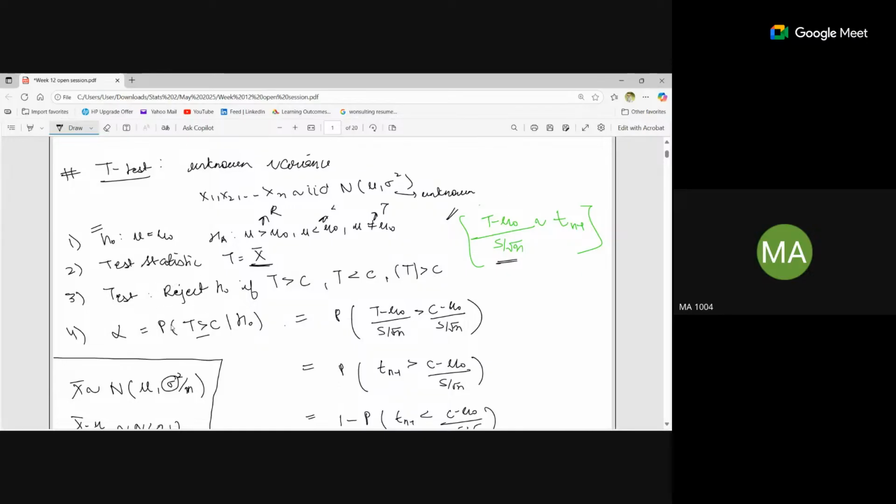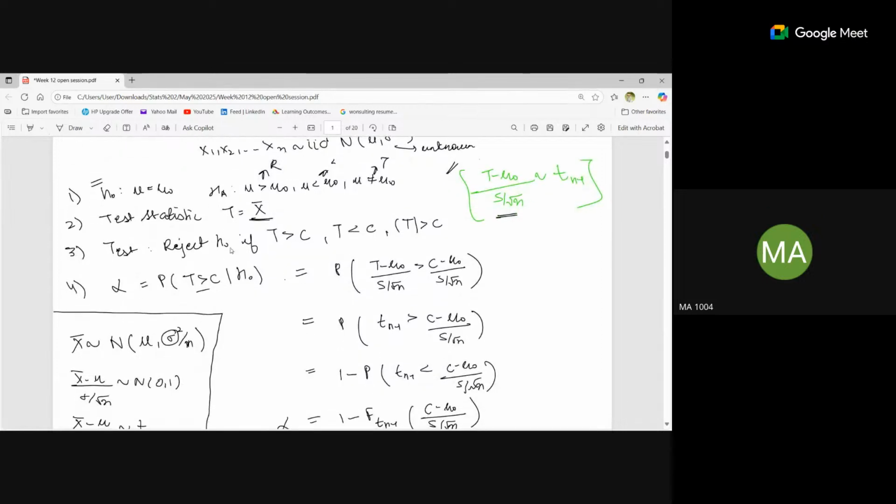Then they are just telling you what my t with n minus 1 is. It will be X bar minus mu naught upon s upon under root n. So this value is following a t distribution with n minus 1 degrees of freedom. That's it. The table is trying to tell you the values and everything.